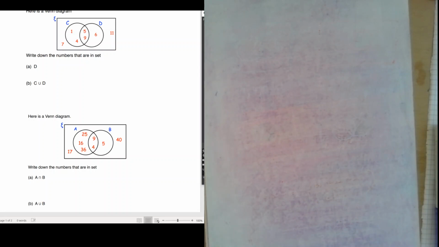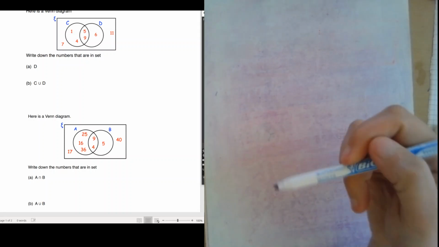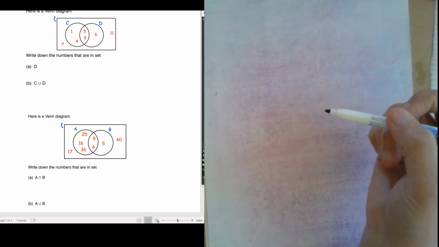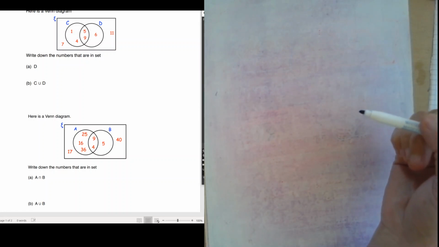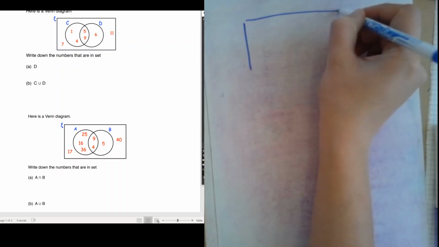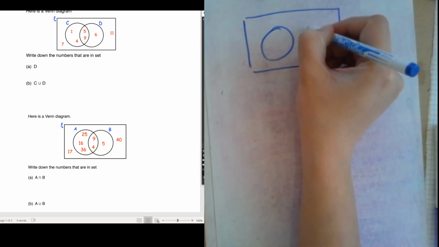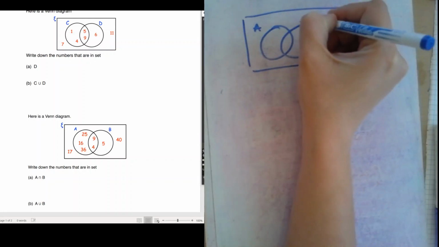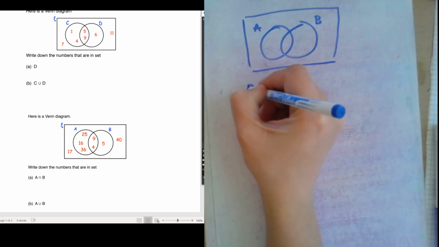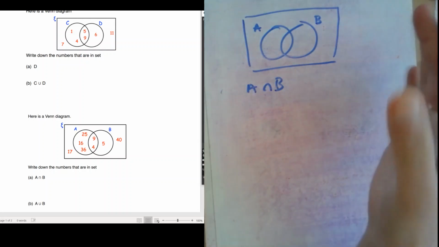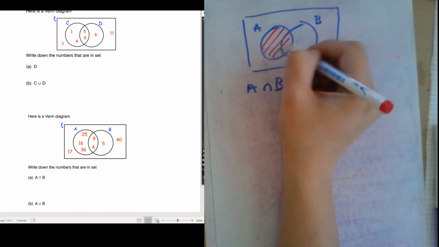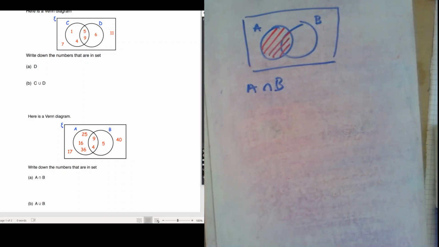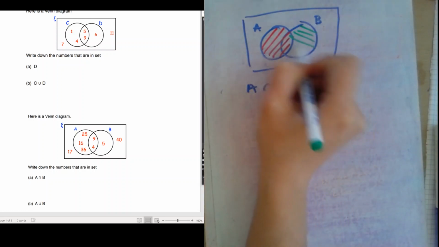Okay, so the next question. We are now just going to answer the questions as they may come. So it says, here is a Venn diagram. Write down the numbers that are in set A and B, and you've got A or B. So for the first one, we've got A and B. If I colour in both the sections, I've got this one, and then for the other side, I've got that one.